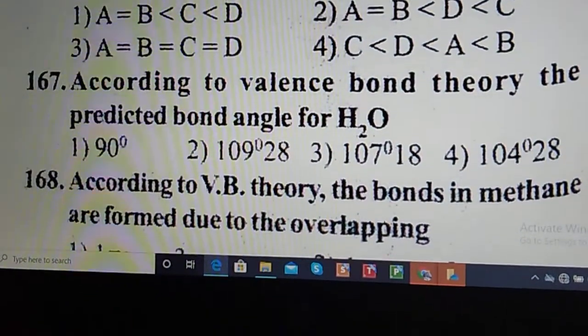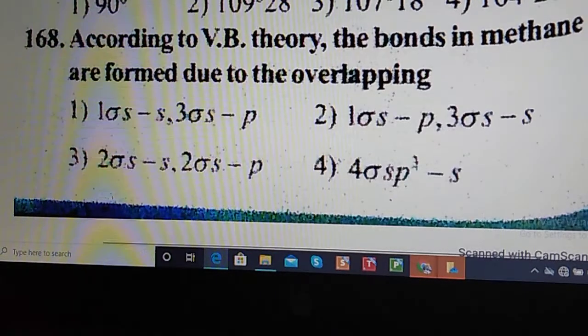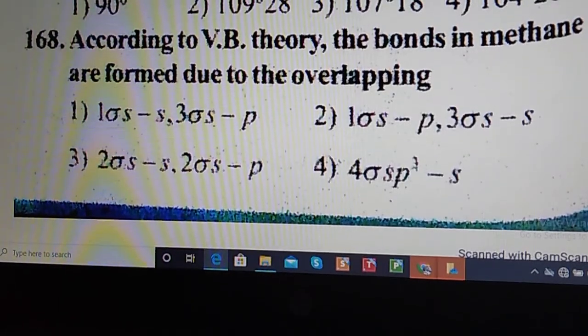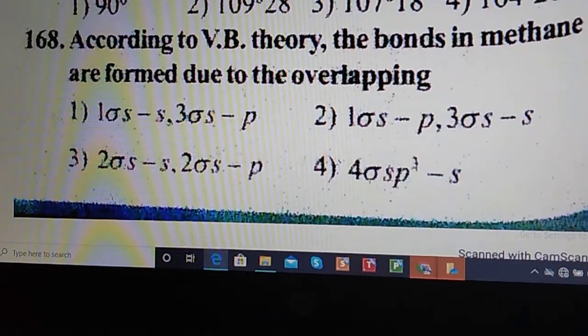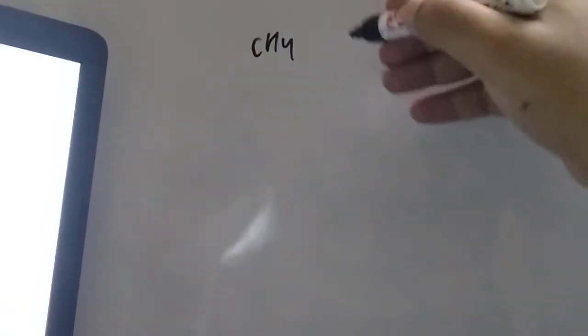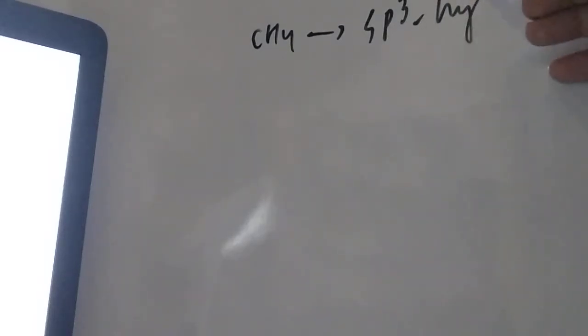Now question 168, student. What is 168? According to valence bond theory, the bonds in methane are formed due to overlapping of, okay, methane. So if you talk about CH4, student, this has sp3 hybridization that we already discussed.